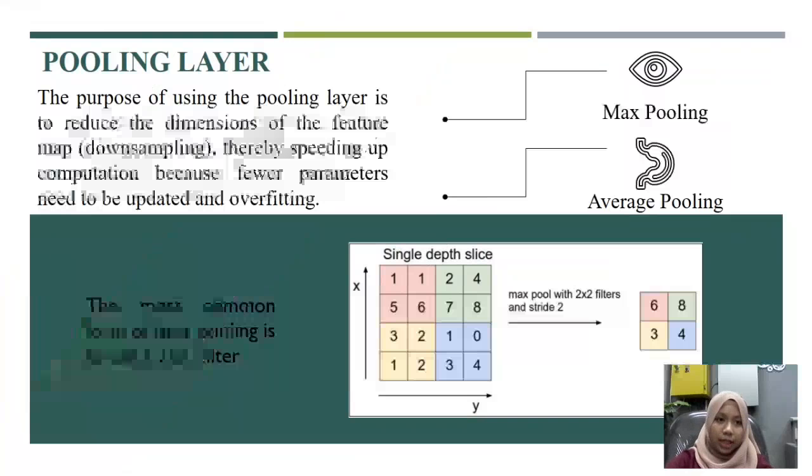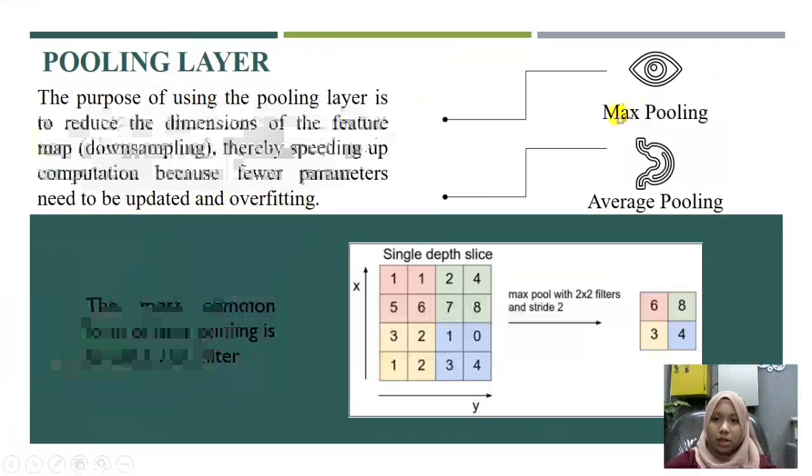And then to the pooling layer. The purpose of using the pooling layer is to reduce the dimension of the filter map, or downsampling, thereby speeding up computation because fewer parameters need to be updated, and reducing overfitting.